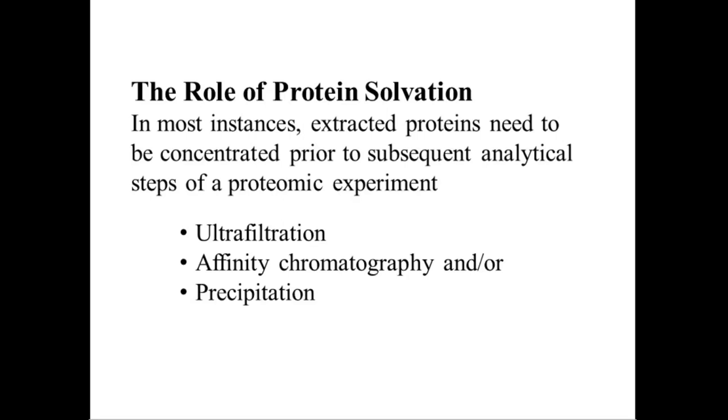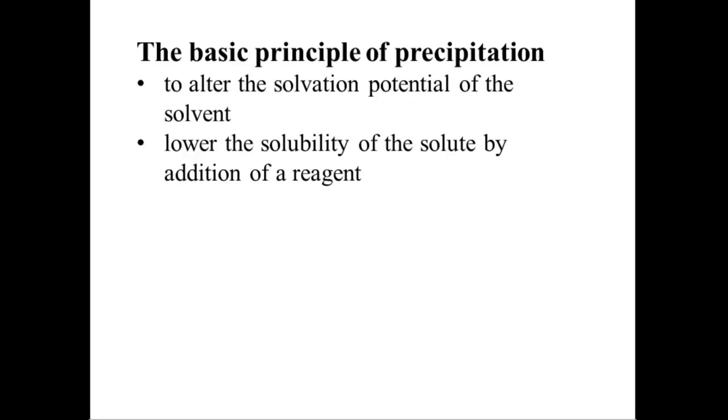But precipitation is believed to yield the highest recovery and is suitable for low volume protein extracts. So we'll try to understand precipitation as an important component in the extraction process. So precipitation, though it is believed to yield the highest recovery, is also believed to be the best method for low volume protein extracts.